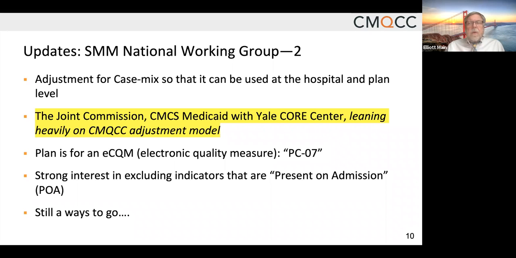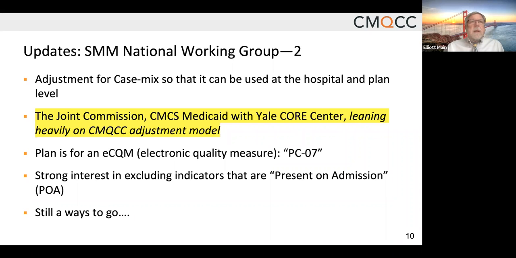If a patient is already coming in with major complications in those 21 indicators, you don't want to hold the hospital responsible. Now, as a health system, that may be a different matter. As a health system or at a population level, it's still important to keep those in mind.